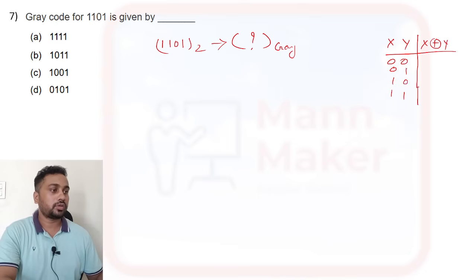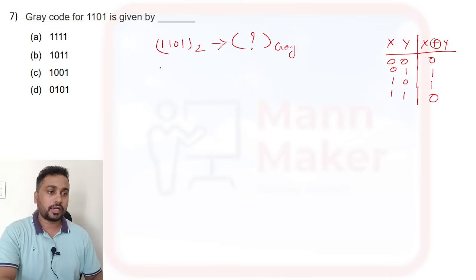In XOR, when both inputs are 0, the output is 0. When only one is high, the output is 1, and when both are 1, the output is 0. So whenever an odd number of inputs are high, the XOR output will be 1.